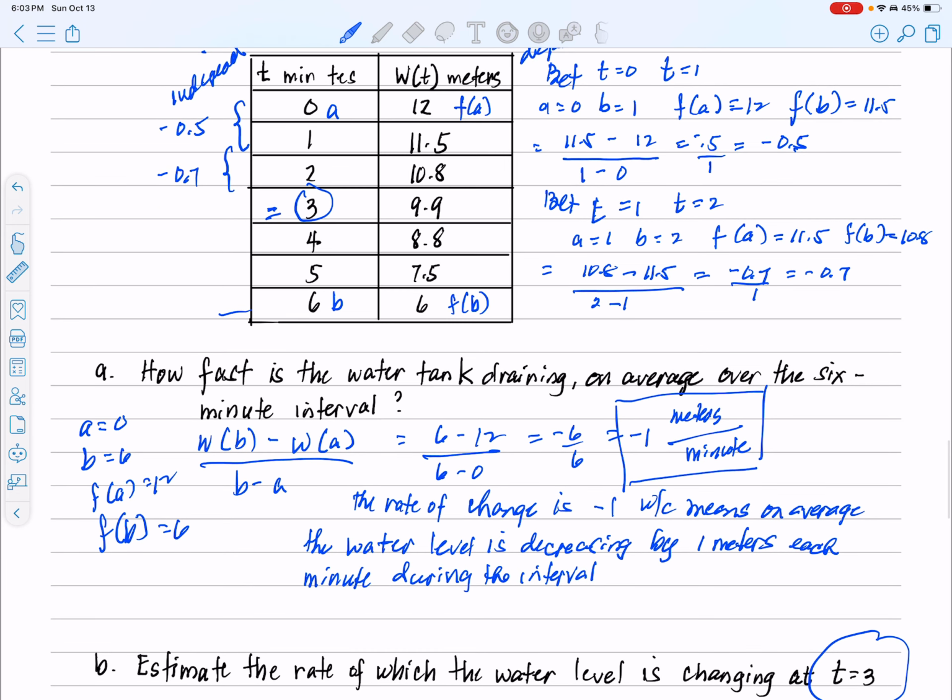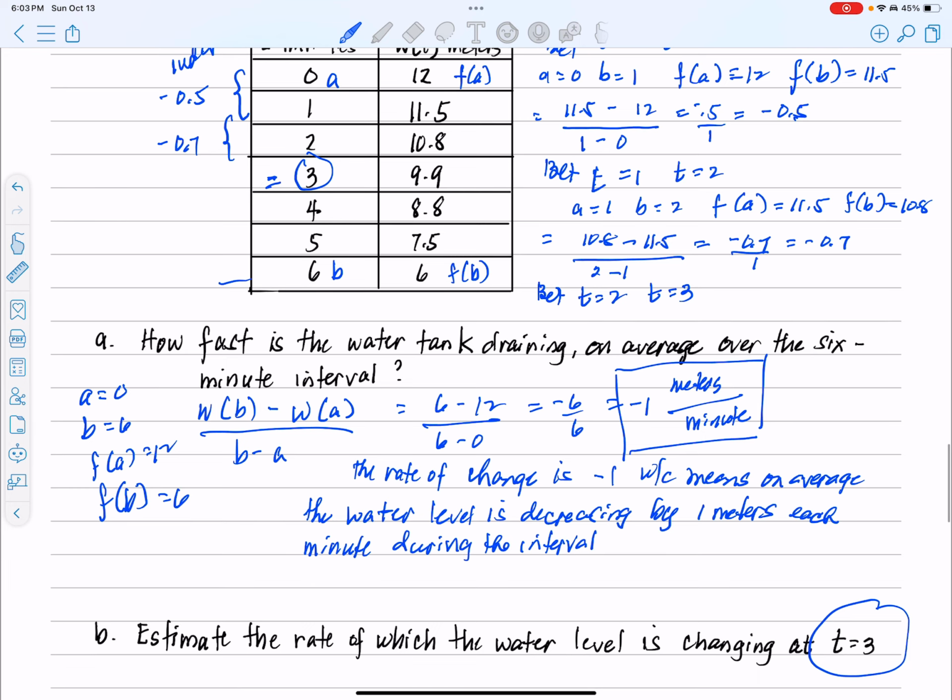So if I use between t is 2 and t is 3, okay? What would be my a would be 2, and then b is 3. So my f of a, when it's 2, it's 10.8.